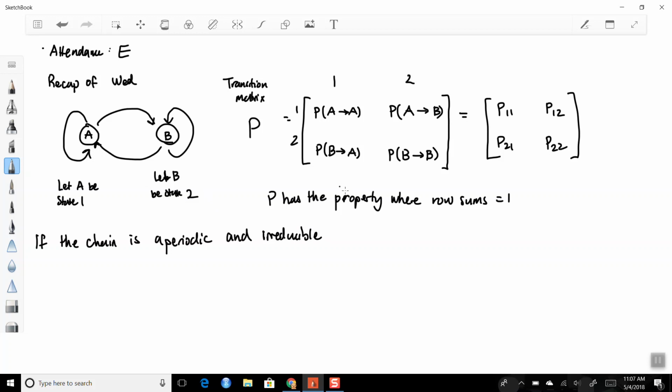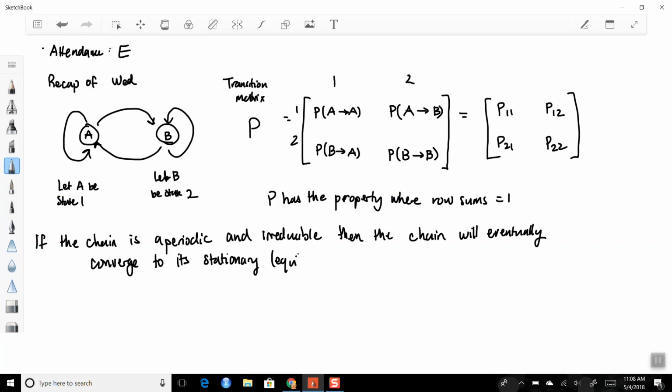Okay, then the chain will eventually converge to its stationary or equilibrium distribution, okay?